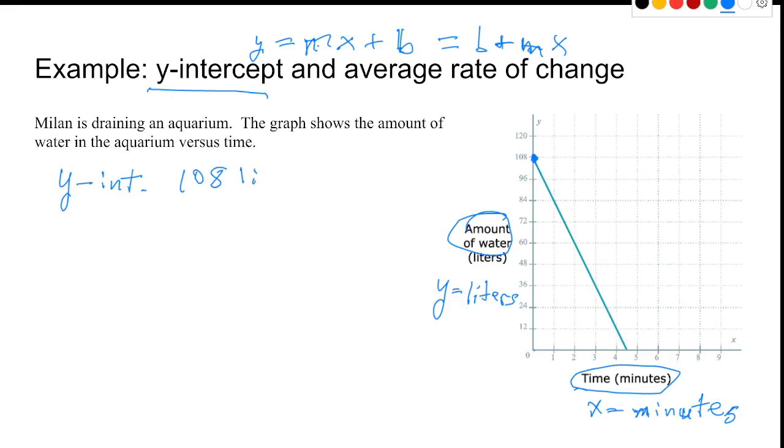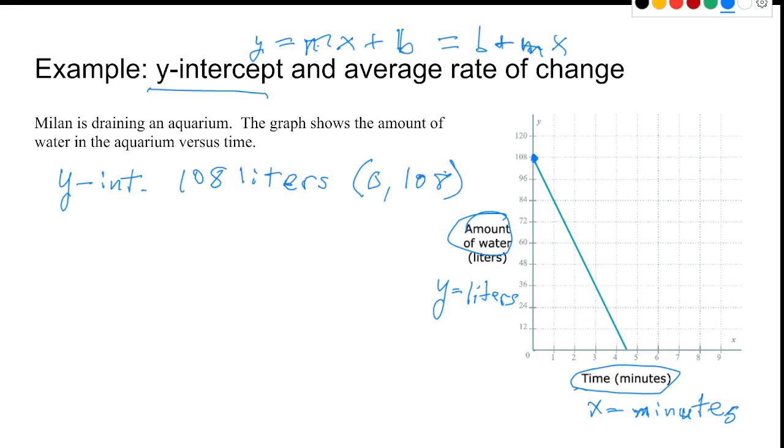And this is sort of how we can differentiate which variable we're talking about, with the units. And realizing every number that we use should have some sort of units on it, some sort of value. So it's 108 liters. We can also list it as the point 0, 108.